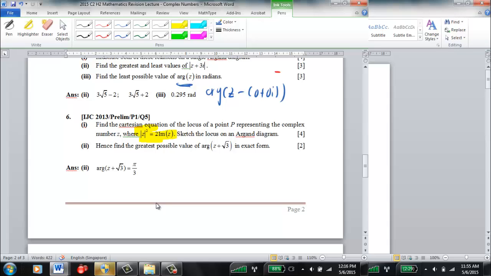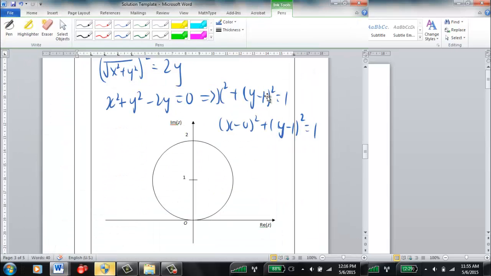Find the greatest possible value of arg(z plus root 3). You must convert this to this, right? And identify where negative root 3 is. So if you go to the question, negative root 3 is actually here.